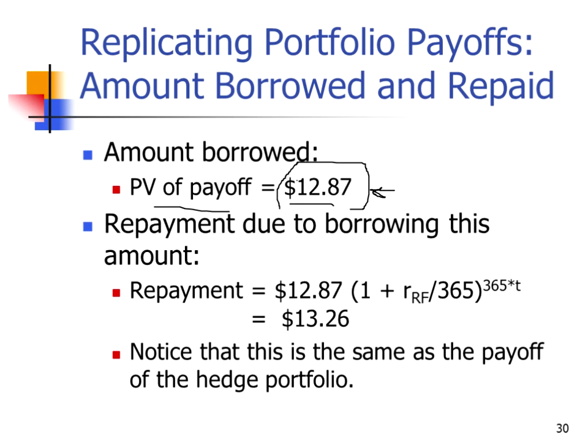The repayment due on borrowing this amount is going to be $12.87 multiplied by 1 plus R raised to the power T, because that's the future value of this present borrowing.